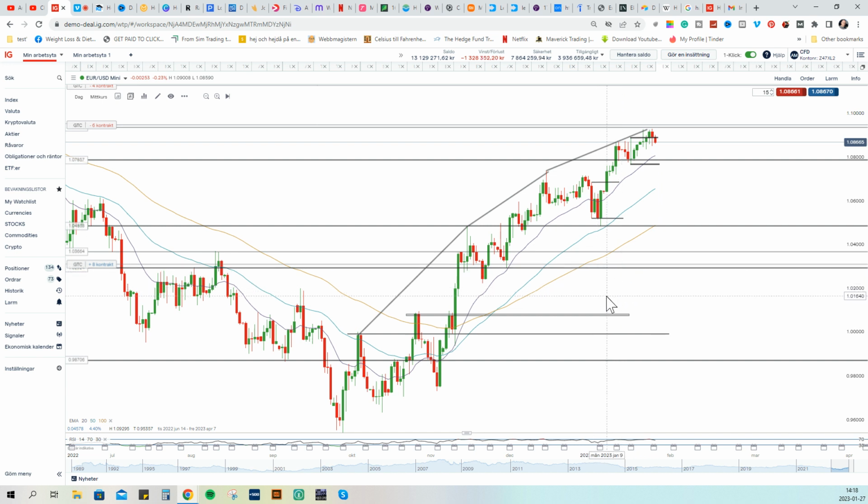I can see it's very convenient to use this yellow 100 exponential moving average, because the price should drop to this level, or slightly above it, at 1.0518.